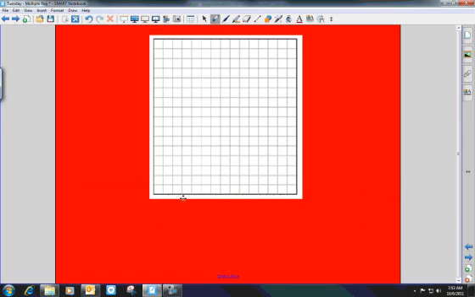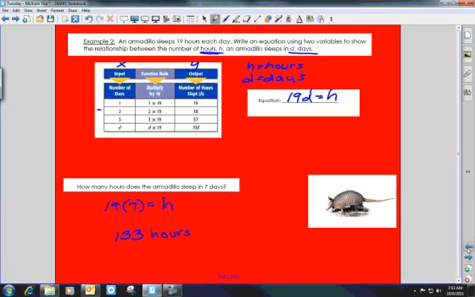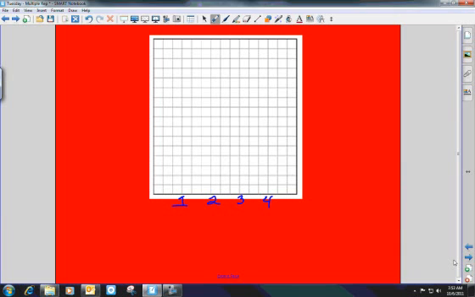I'm going to spread it out so it looks nice. 1, I'm going to do it every 3, 2, 3, and I'll even put 4 in here even though I'm not going to use it. Then let's back up and look at, oh, I'm sorry, I missed the label. This is number of days, and I'm going to abbreviate number with the number sign of days. Okay, and then go back.